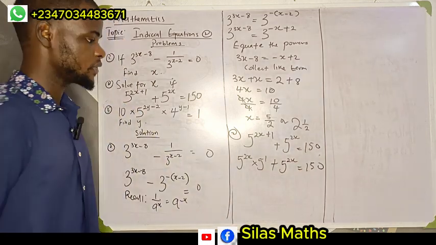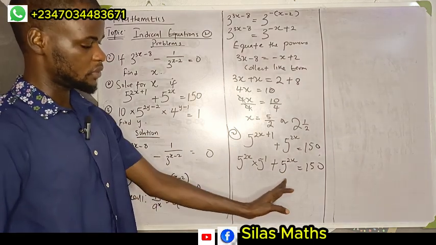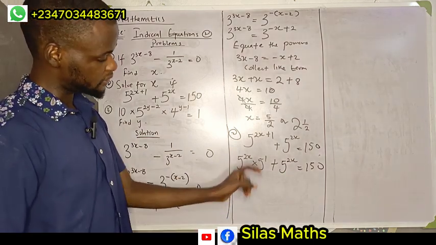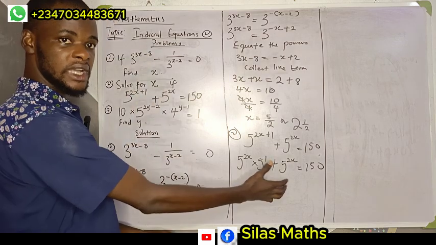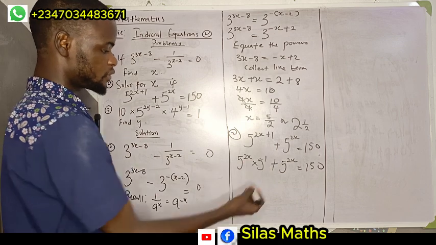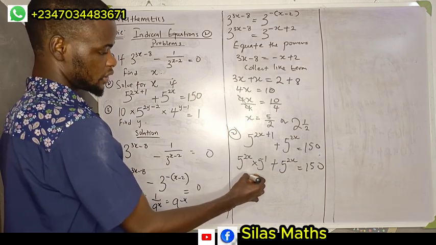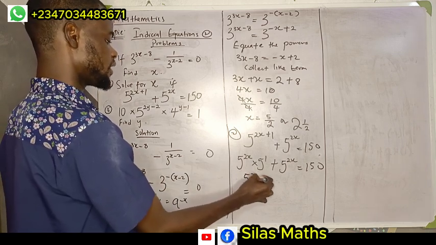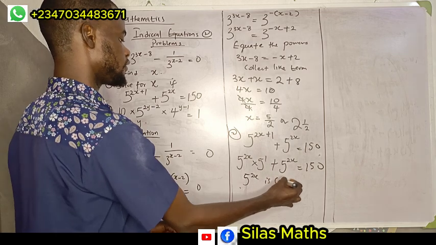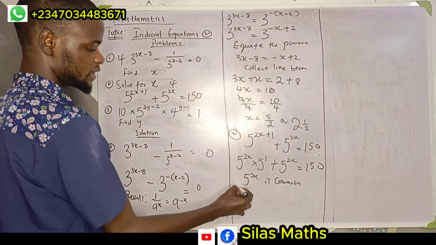Now, solving further, we can say that we have something that is common to these two expressions, and that is 5 to the power of 2x. So factoring out 5 to the power of 2x, 5 to the power of 2x is common here, so I can factor it out.